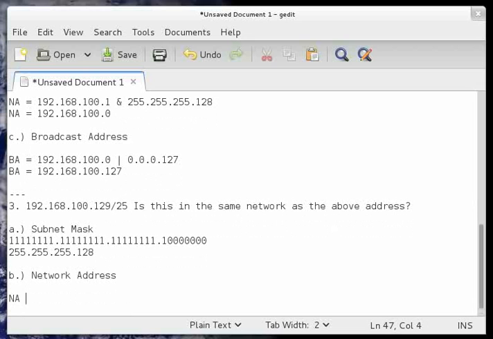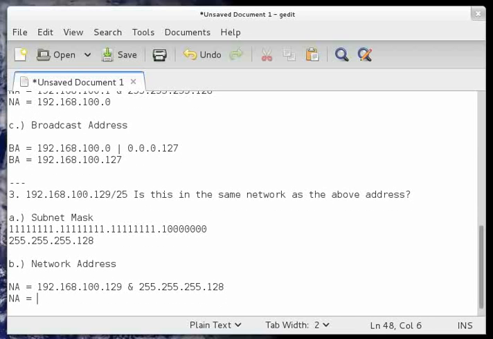In this case, the IP address is 192.168.100.129, and the subnet mask is 255.255.255.128. So what do we get? 192 AND 255 is 192, 168 AND 255 is 168, 100 AND 255 is 100, and 129 AND 128 is 128.